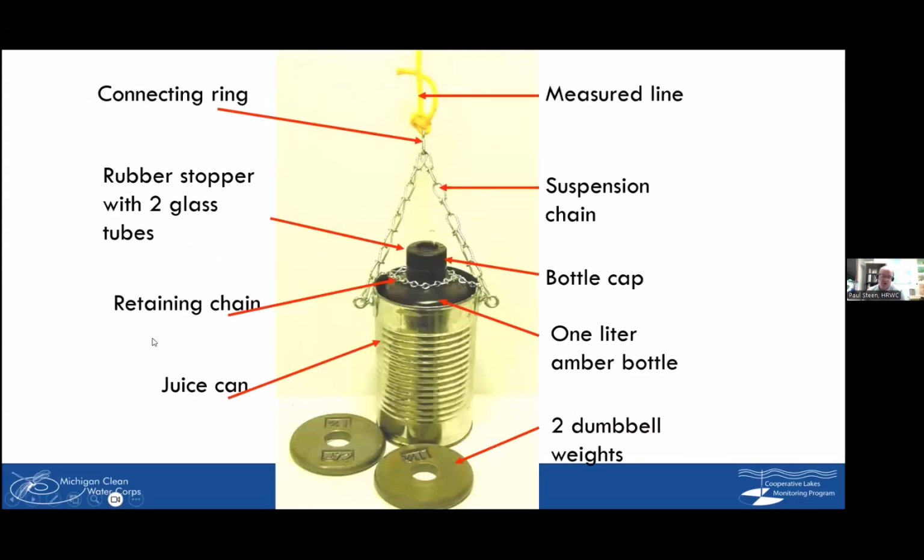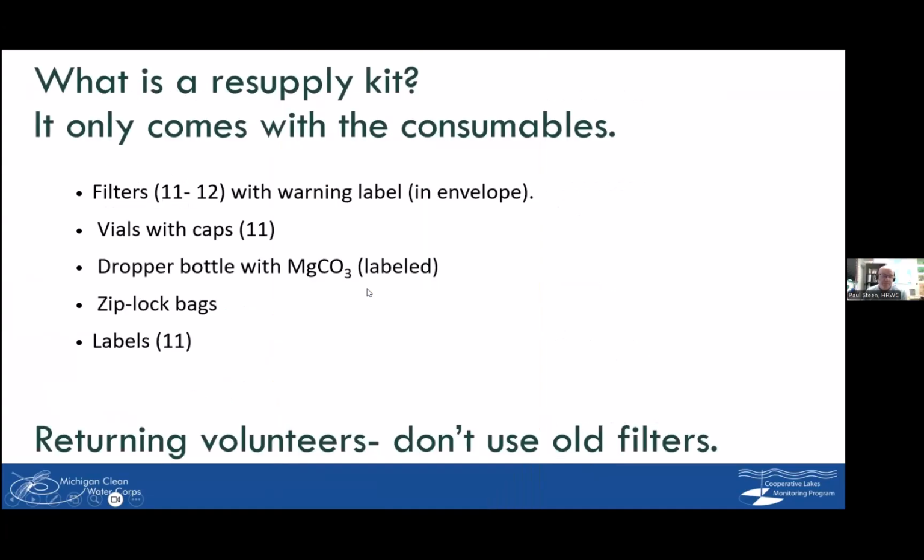Here's the sampler. I just showed you a different view of it. If you have done this before, you don't need the big sampler. You don't necessarily need all the pieces I just showed you, but you do need, every year, the stuff that gets used up, the consumables.